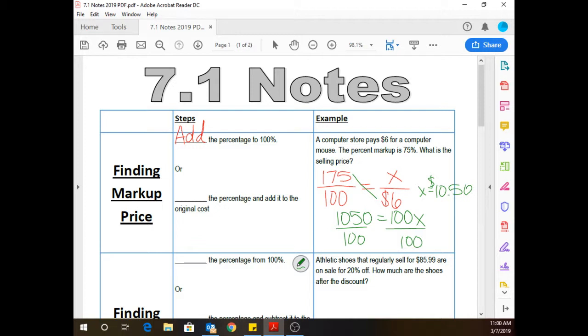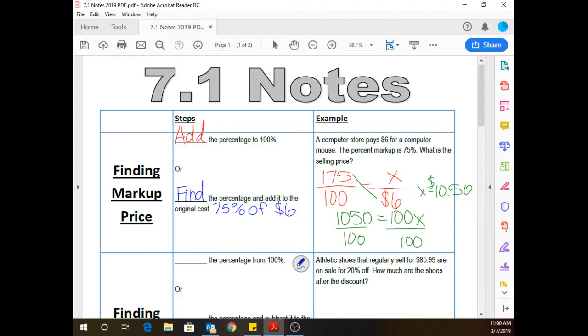The other way you can do it is by finding the percent and then adding it on. This kind of takes 2 steps, but for some people, they prefer to do it this way. So if you like to do it this way, you're finding 75% of $6. So we know how to do that.